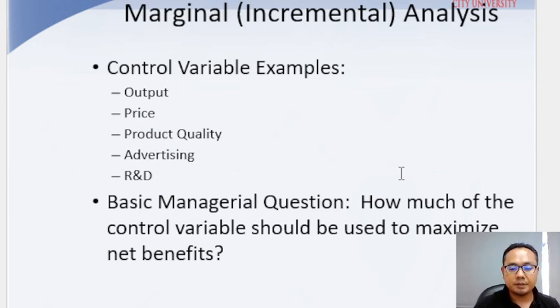For example, the optimal amount of study for this course is determined by comparing the improvement in your grade that will result from an additional hour of study with the additional cost of study. If the additional study hour improves your grade, it is profitable to continue to study.